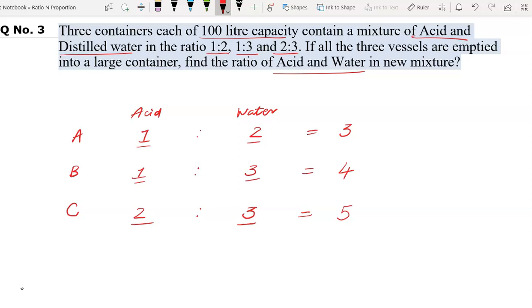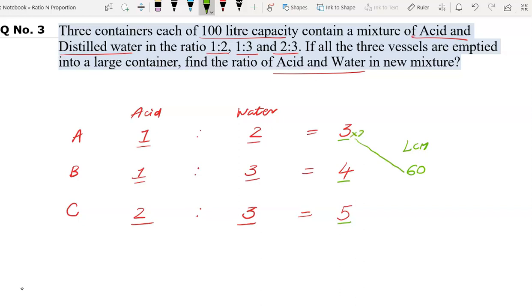Now we have learned the concept. What we will do now, we will take the LCM of 3, 4 and 5. 3, 4 and 5 LCM is how much? 60. Now if we divide this 60 by 3, we will get 20.